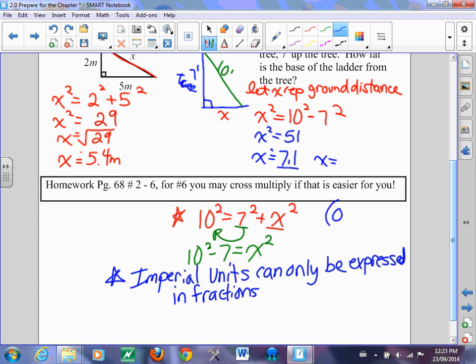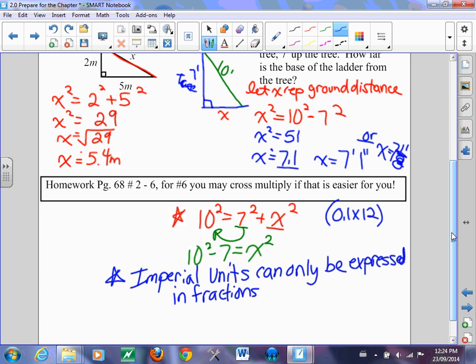If you could take your calculator and go 0.1 times 12. So just give me a second, I'll plug that in my calculator, because there's 12 inches in a foot, so that's what I'm trying to figure out how many inches it is. Okay, so you could say it's 7 feet 1 inch. You could say that for an answer. Or you could also have x equals 7 1/8 foot.